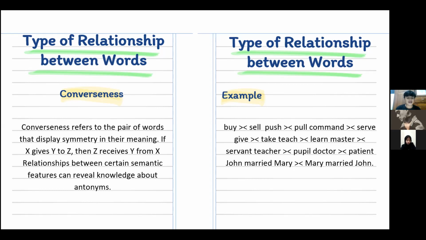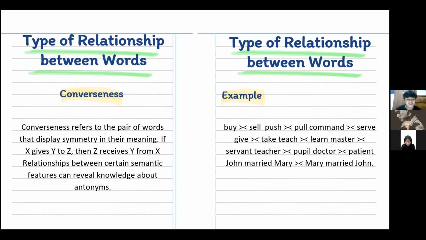Other commonly relational pairs are buy and sell, push and pull, command and serve, give and take, teach and learn, master and servant, teacher and pupil, doctor and patient, and others.